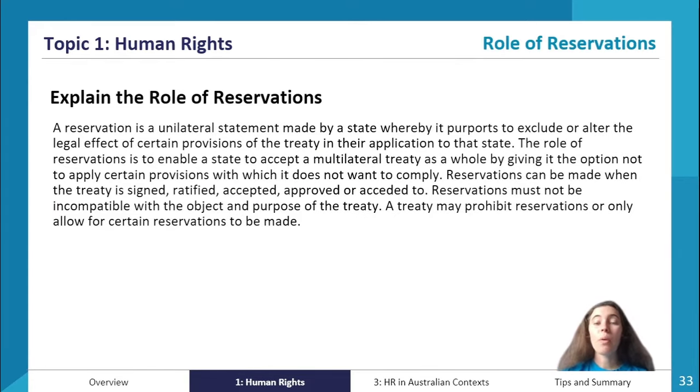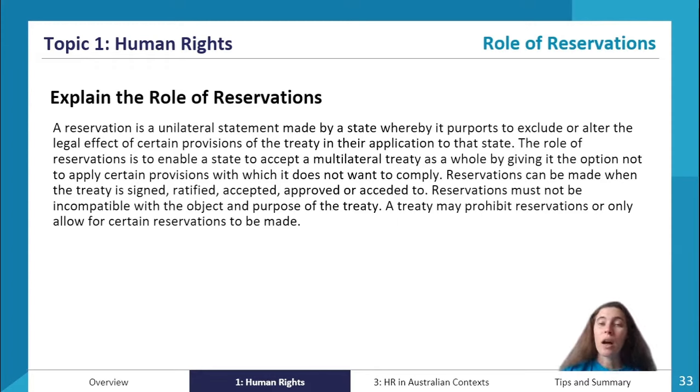So an example of a paragraph response to explain the role of reservations. It's a unilateral statement made by a state whereby it is saying that it's going to exclude or alter the legal effect of certain provisions of the treaty in their application to that state.